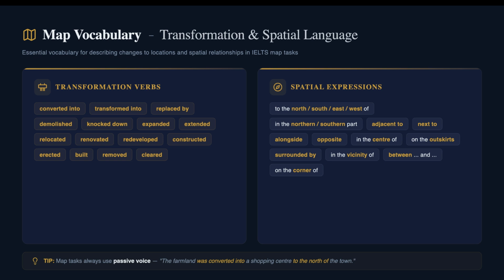Right. Remember to use these two groups of vocabulary to describe the map, right?